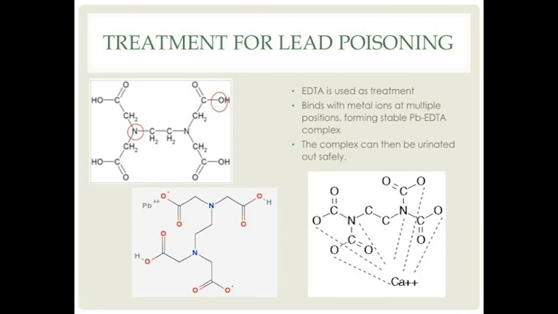EDTA, or ethylenediaminetetraacetate, is a chelating agent that is capable of bonding to metal ions at more than one position. It can bond at 6 positions. As seen in the image above, it interacts with the lone pairs on the nitrogens and the oxygens of the alcohol functional group, and it forms a 1-to-1 complex with the cations.